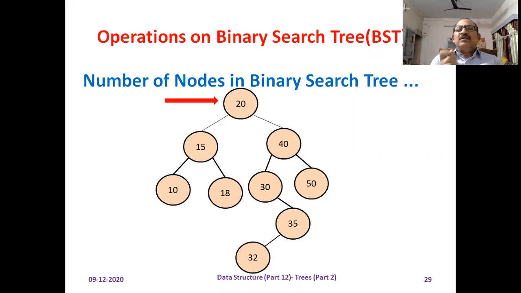Let us take one problem so you can understand. How will we determine the number of nodes in a binary search tree? How will we write a formula? Total number of nodes in the left subtree plus total number of nodes in the right subtree, plus 1. Plus 1 is the root node. It gives the total number of nodes in a binary search tree.